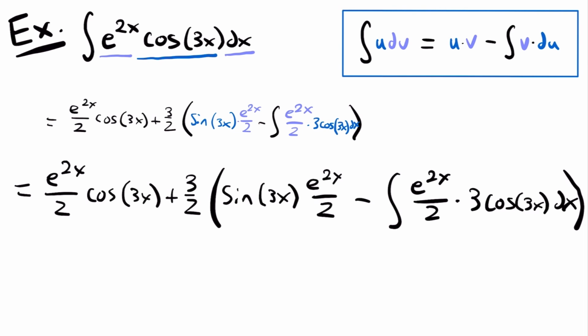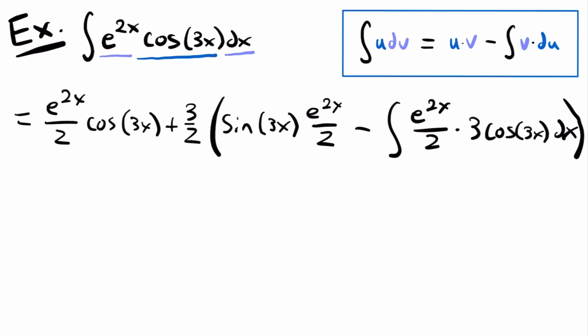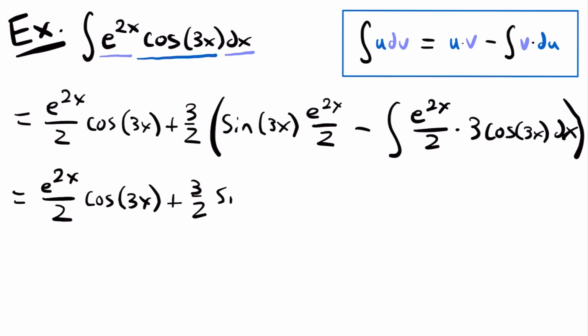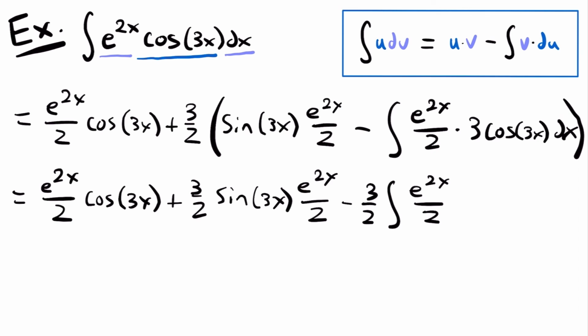And so if I clean up my work again, we can simplify by distributing this 3 halves through this quantity. So this will be equal to e to the power of 2x divided by 2 times cosine of 3x plus 3 halves times sine of 3x times e to the power of 2x divided by 2 minus 3 halves times the integral of e to the power of 2x divided by 2 times 3 times cosine of 3x times dx.